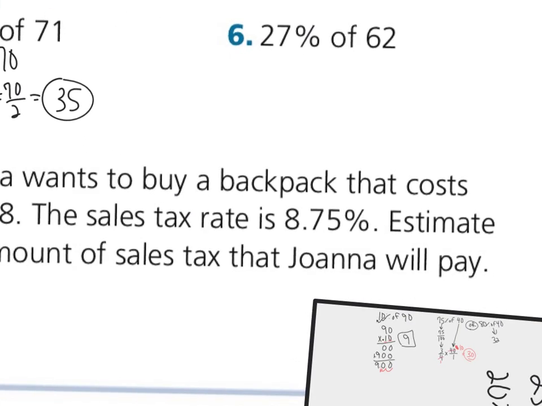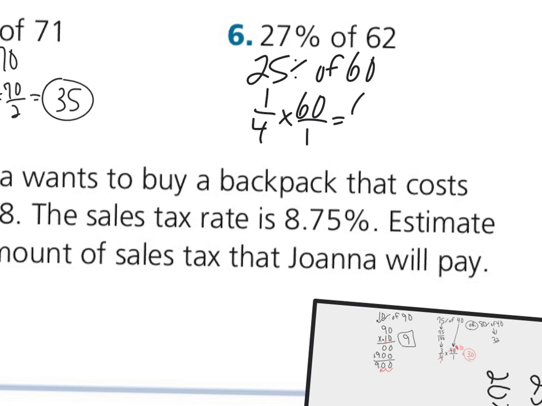Number 6, you could round that to 25% of 60. So that's like 1/4 of 60. And you can reduce ahead of time on those if you want, but if you want to just multiply and then divide it out, you can. That would be 15.